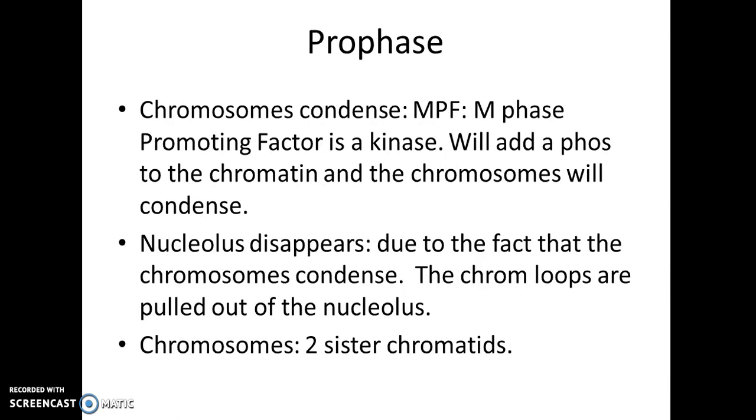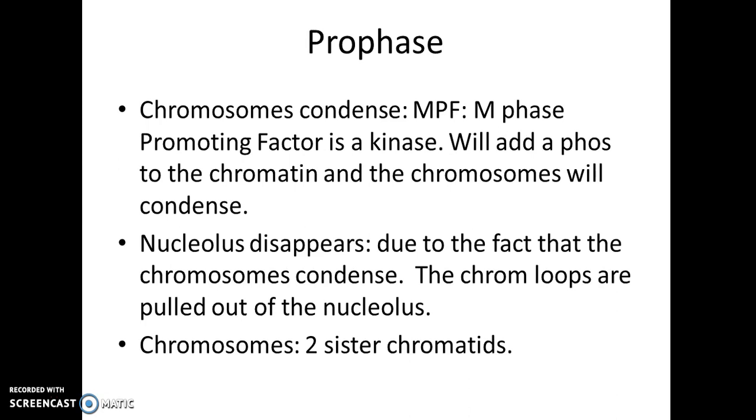In prophase, chromosomes condense. So there's a protein called M-phase promoting factor, or MPF, and it is a kinase. What this kinase will do is it will add phosphates to the chromatin, and the chromosomes will condense. As the chromosomes condense, the nucleolus will disappear because the chromosomal loops are pulled out of the nucleolus.